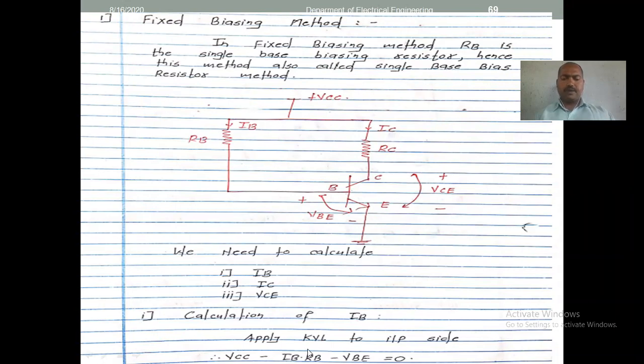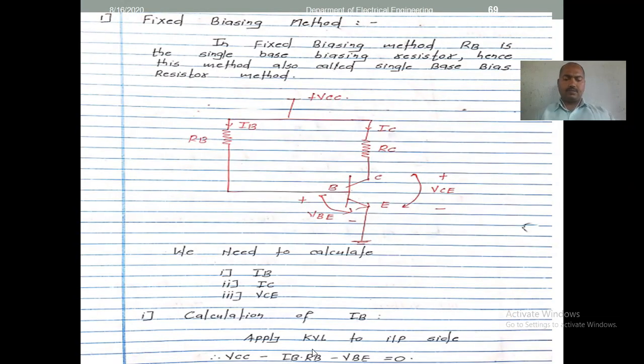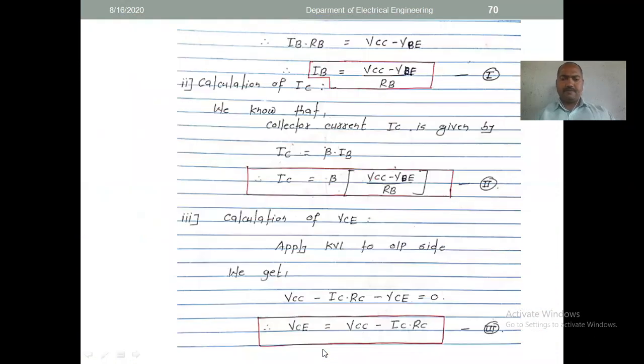To calculate IB, we take IB into RB to one side. Minus IB into RB taken to the other side becomes plus IB RB, not minus. So plus IB RB equals VCC minus VB.